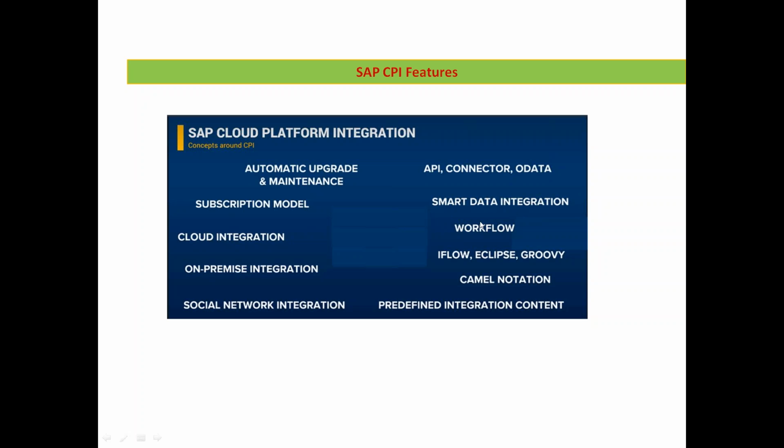We can integrate data using the CPI. Then it also came up with various workflows. Then iFlows are nothing but your integration flows. In CPI, whatever integration flow we are developing, we'll call it an iFlow.